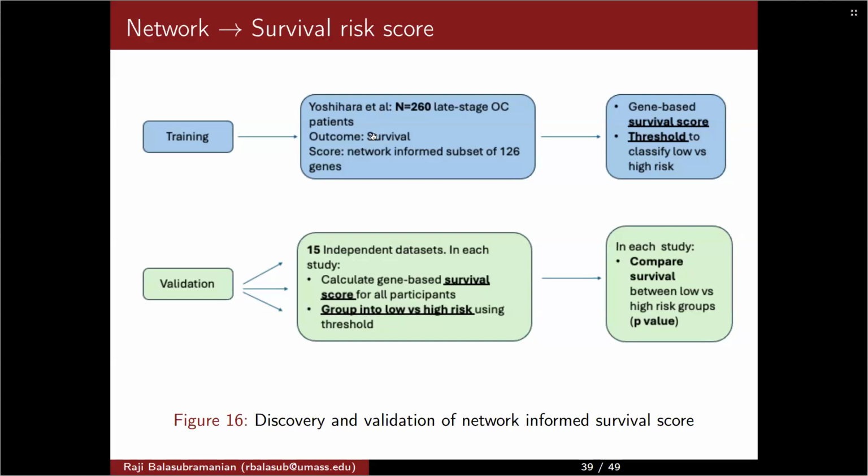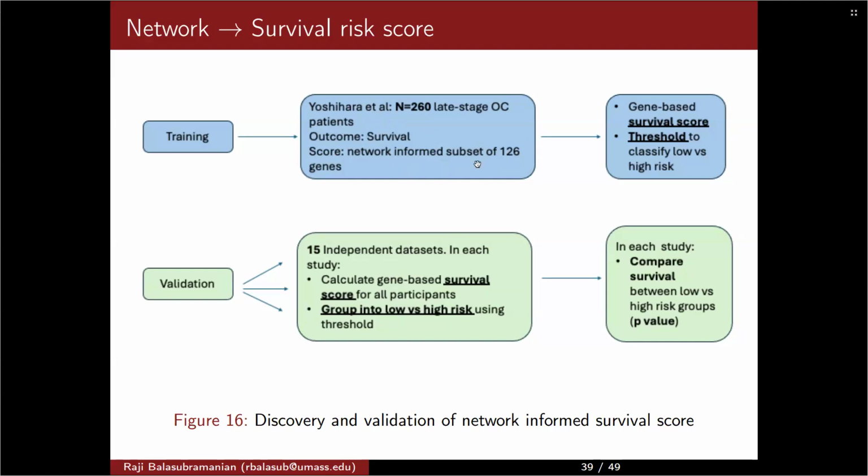And what we wanted to do is use these data, and a subset of 126 genes out of about 20,000 genes, to create a survival score that we then take to independent data sets and see how well it predicts survival in completely independent cases.